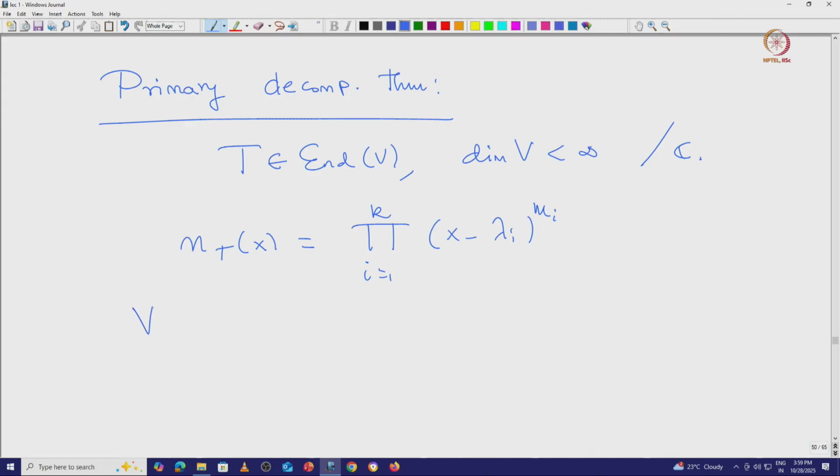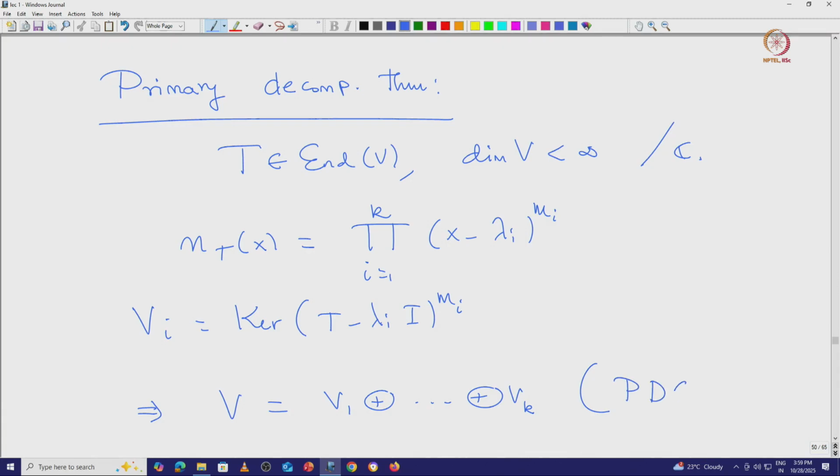Then we can define V I to be the generalized eigenspace corresponding to lambda I. Using this notation, V is the direct sum of these generalized eigenspaces V 1 etc. V k, and this is what we call the primary decomposition.